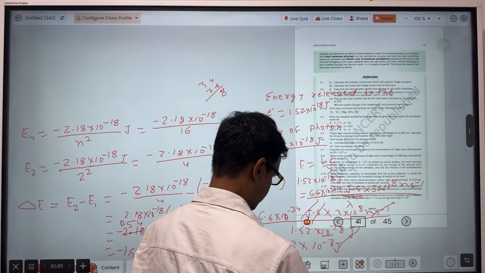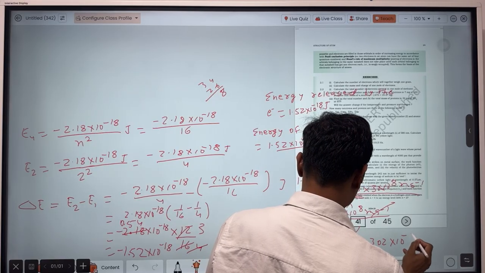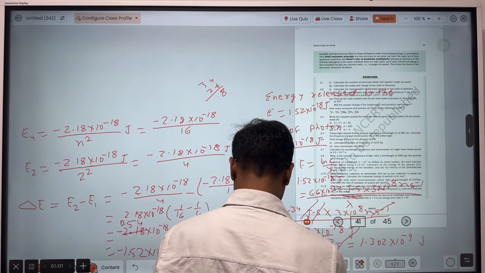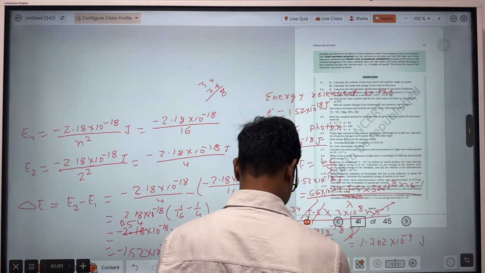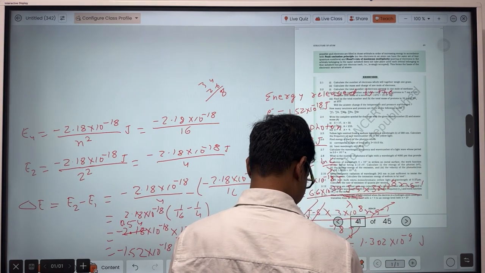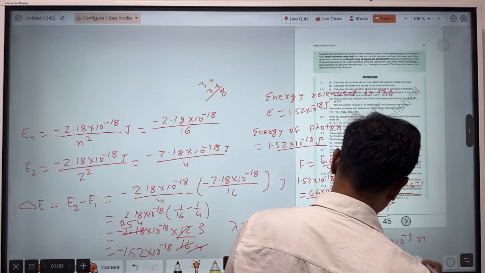So that equals 1.302 into 10 to the power minus 9 meter, sorry, not joule, meter. The unit of wavelength is meter, the SI unit.